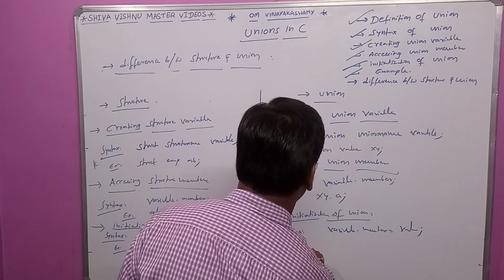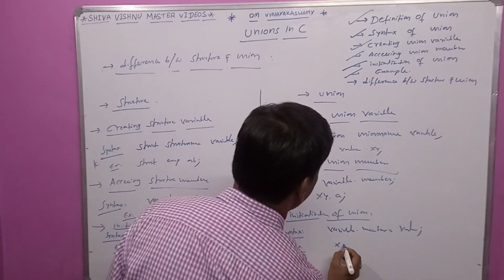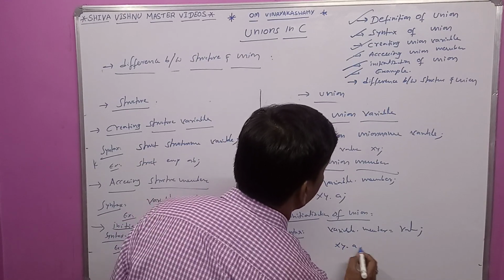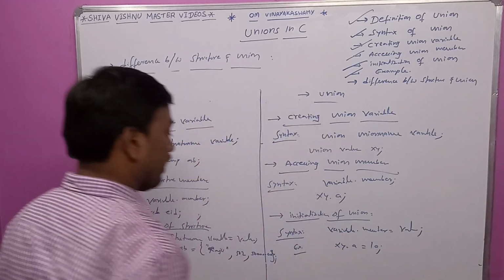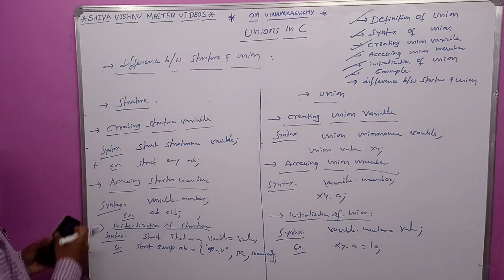For example, the variable xy, member a, is assigned 10 like that. Here you can see the first difference is the definition.